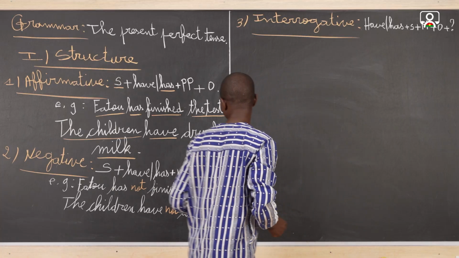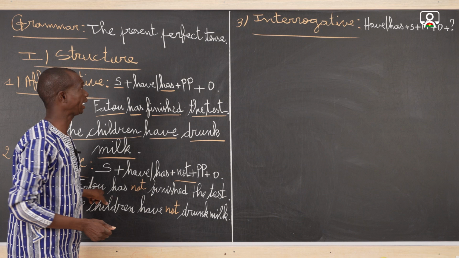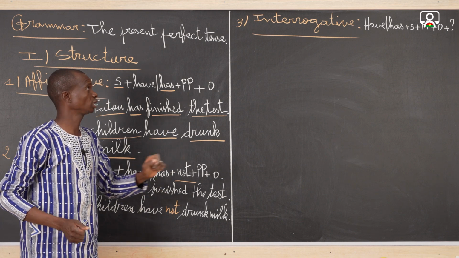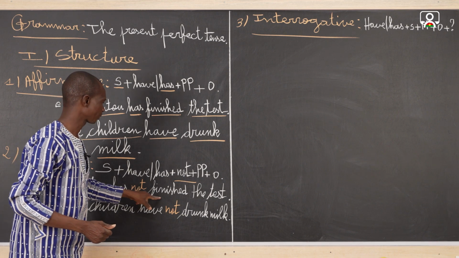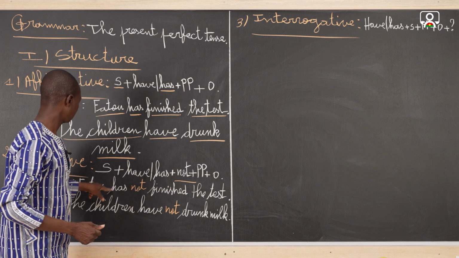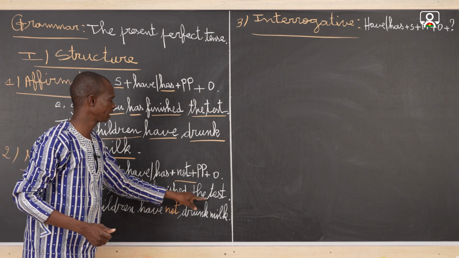Okay, for example, if you want to use these sentences in order to turn them into interrogative form, sentence number 1, Fatu has not finished the test, it will become: Has Fatu finished the test?